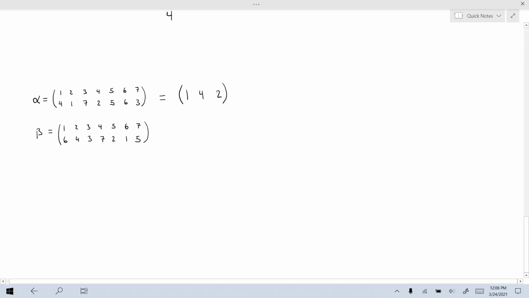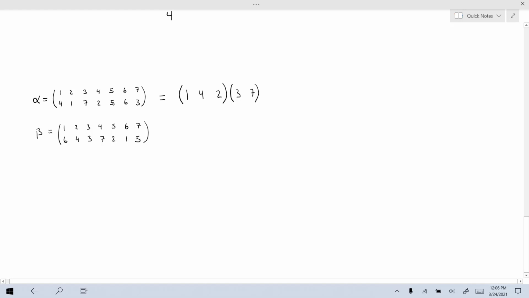So next, take a number that's missing right now. I'm missing the number 3, so let's start with 3. Alpha maps 3 to 7, so 3 maps to 7. And then it maps 7 to 3. So to say that 7 goes to 3, I want to close the cycle. Okay.